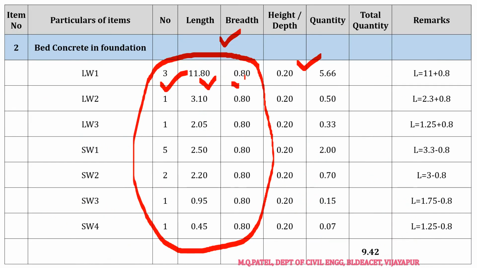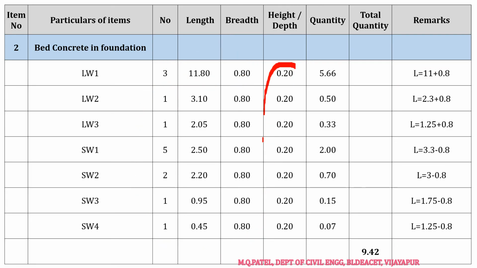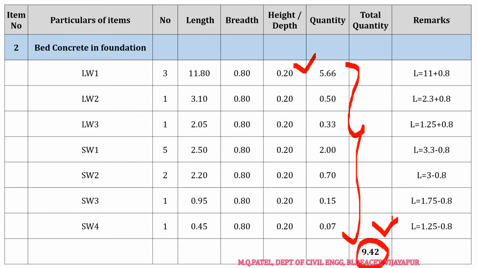Instead of 1 meter, this data is going to change. If you copy and paste and use 0.2 meters, we will get these values. If you sum up, you will get the answer as 9.42 cubic meters.